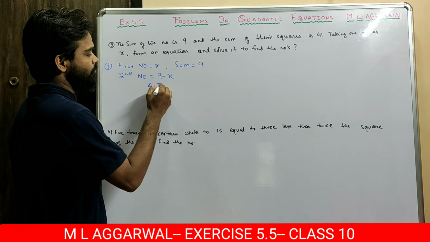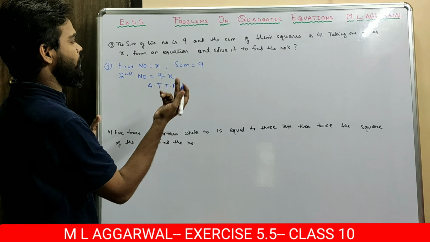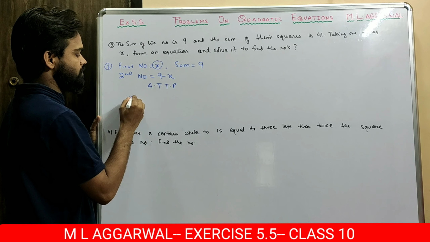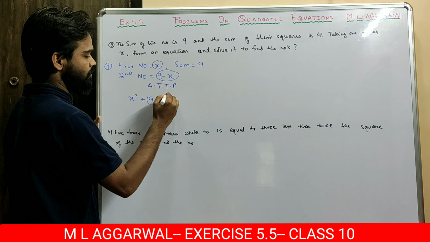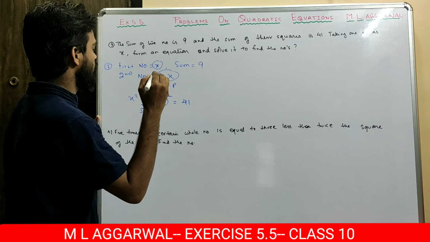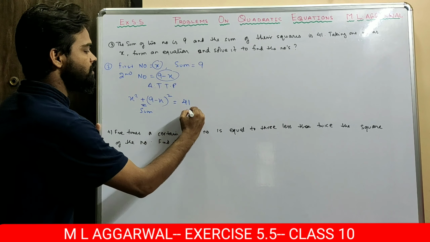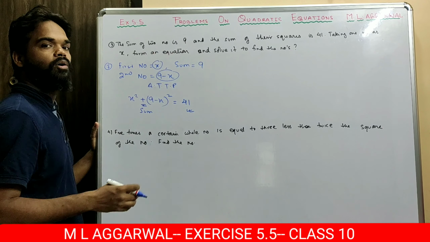Now look at the problem. The sum of the squares: if you square this and square this and add them, you'll get 41. Done. Solve this. You'll get two values of x. See which value satisfies the problem.